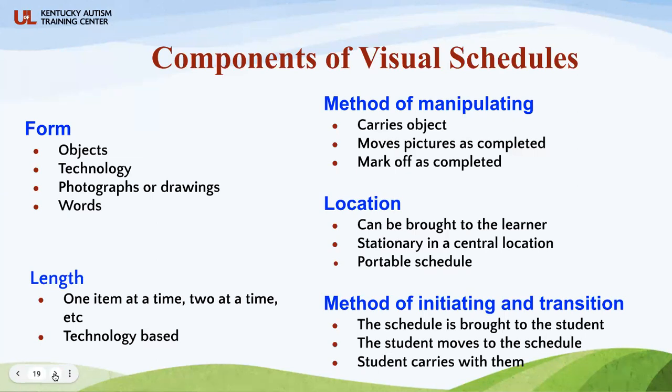Photographs or drawings. So, when they don't need objects, but the symbols that they have out there just don't really represent the activity or the object or whatever it is that you're placing on the schedule. It means nothing to them, basically. Then you may want to use photographs of either the area or something that's going to be meaningful for that.